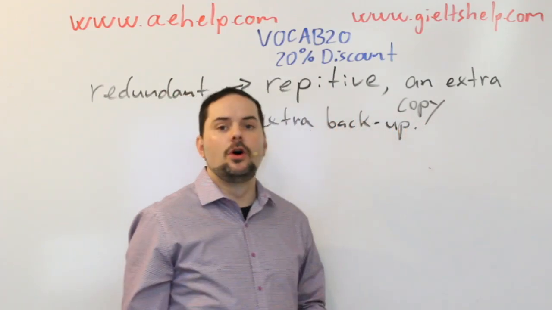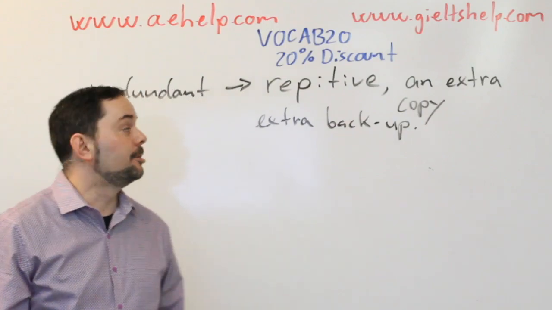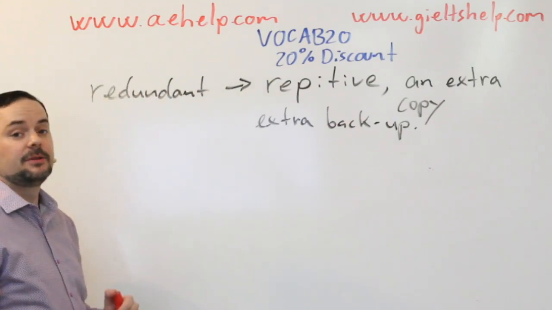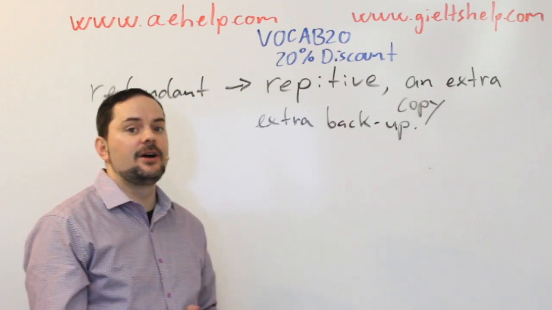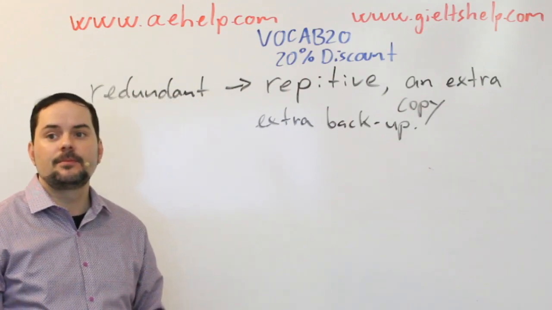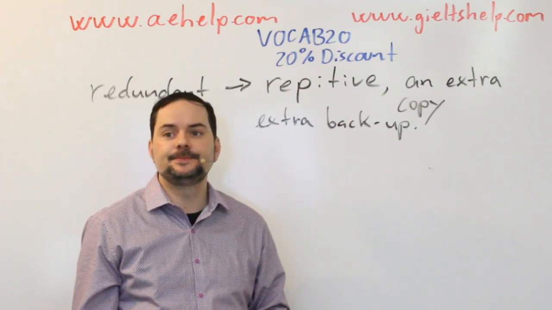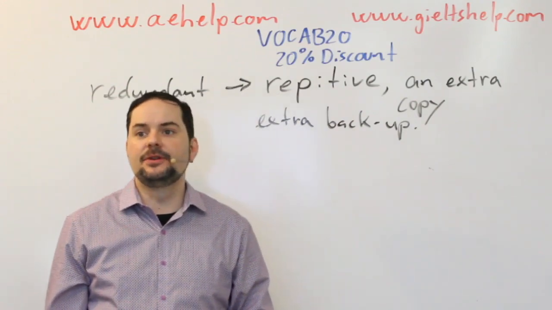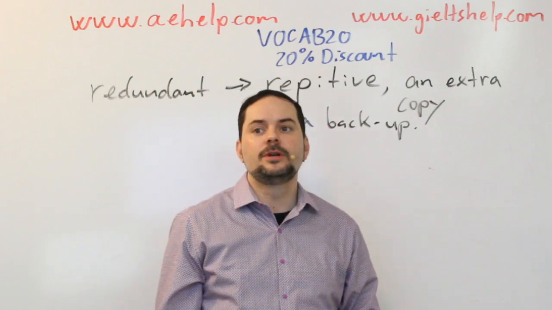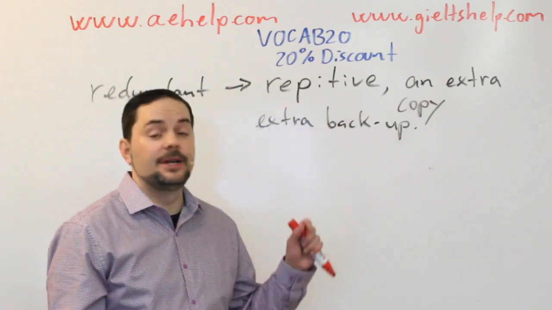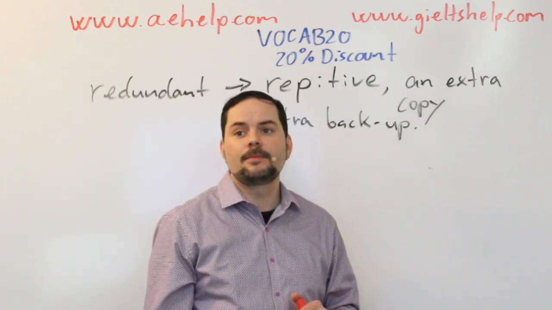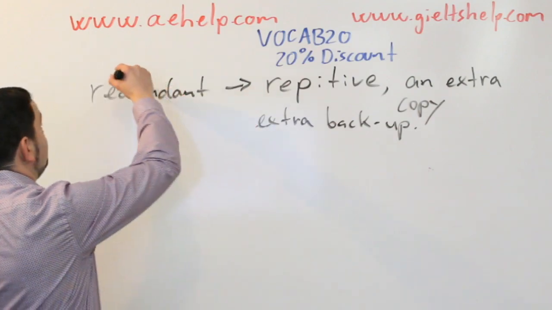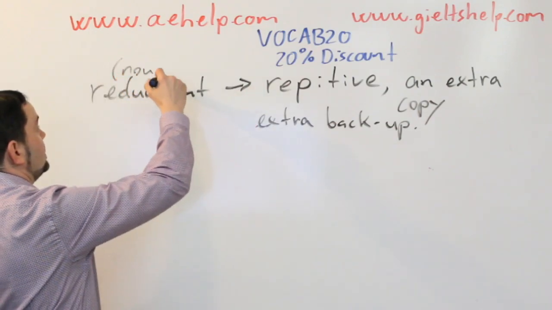Okay, so what is the word form here? Is redundant a verb, an adjective, a noun? What is it? Yep, backup's definitely a good way to say synonym for redundant. It's a noun, yeah, so good answer there. It is redundant.